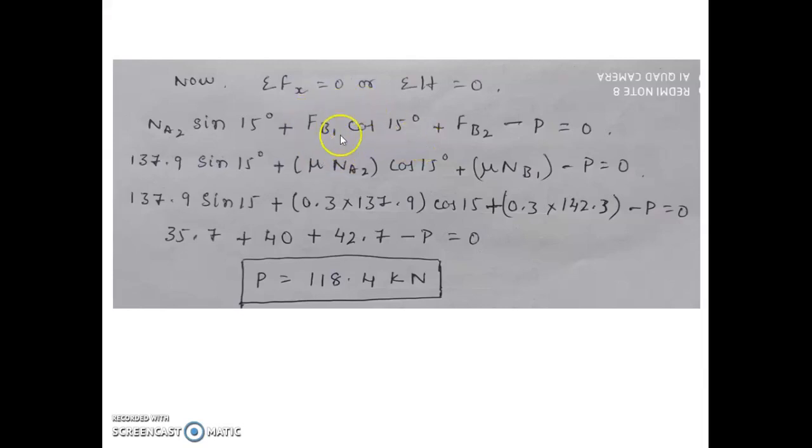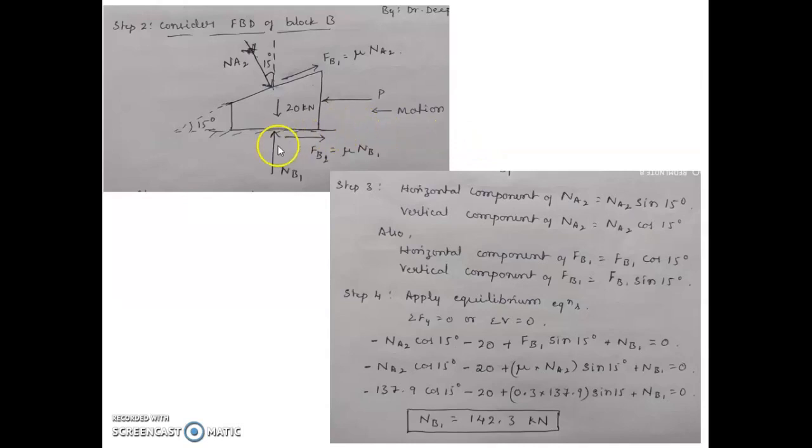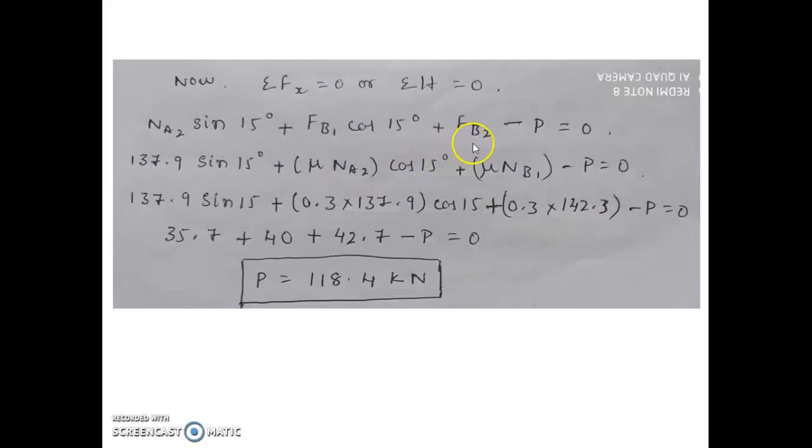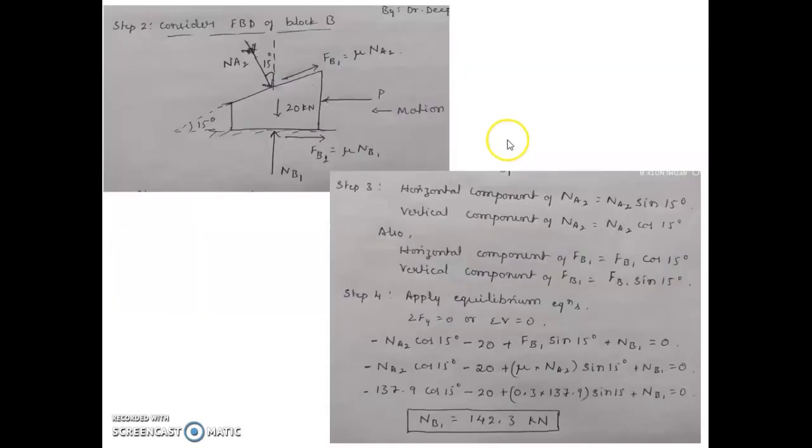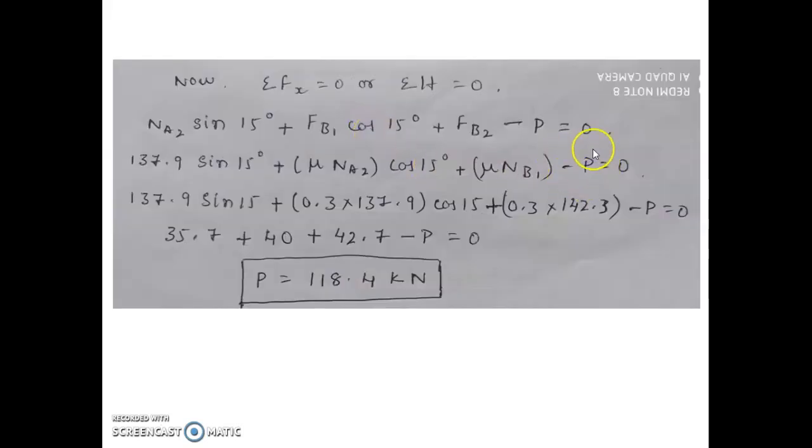Hence it is positive, and plus FB2, which is also acting in the x direction and towards the right side, hence it is positive. Then minus P, this is the pushing force on the wedge, acting towards the left side, hence it is minus.